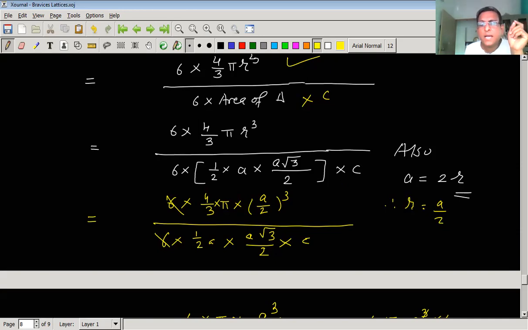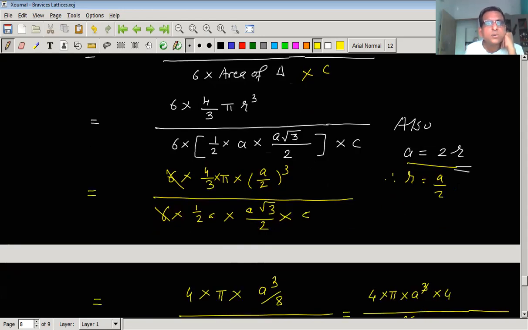And in this case, again, as I have explained to you, A is equal to 2R, or R is equal to A by 2. Now we can simplify this: 6 will get cancelled and we will have 4 by 3 pi. In place of R, we have to put A by 2.